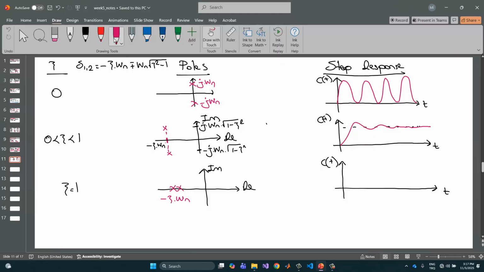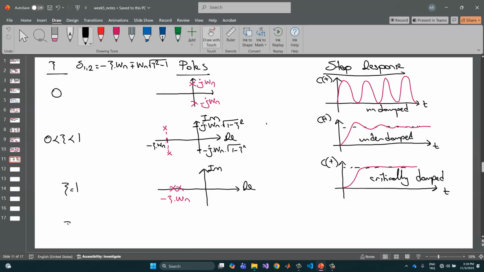And so this generates this one. We don't have any oscillation in here. And so we will call it critically damped, right? This one, underdamped. This one, undamped. Yes.